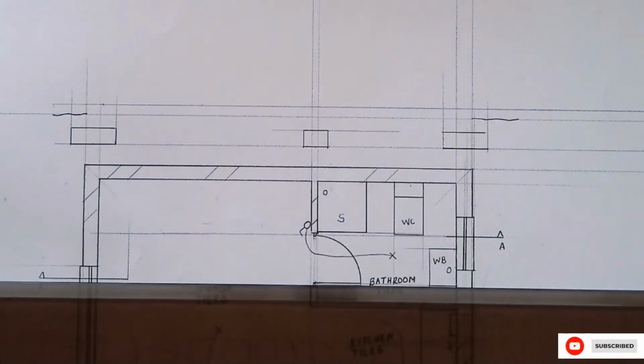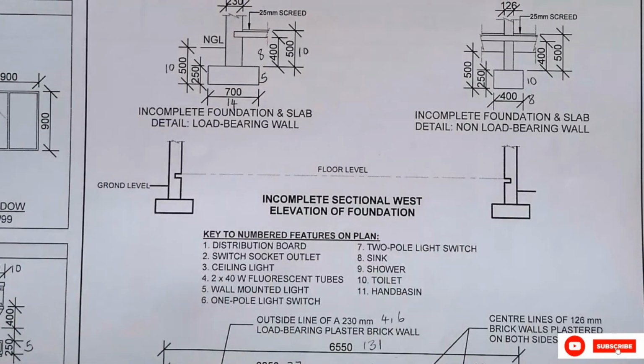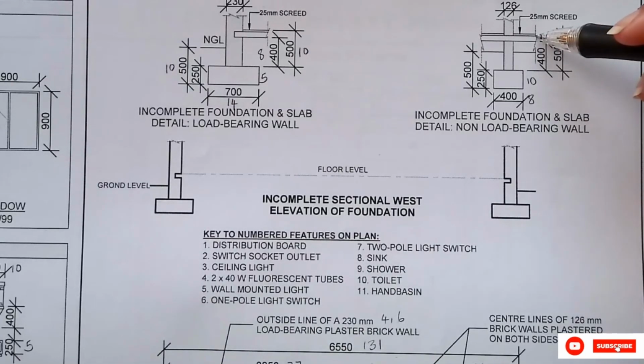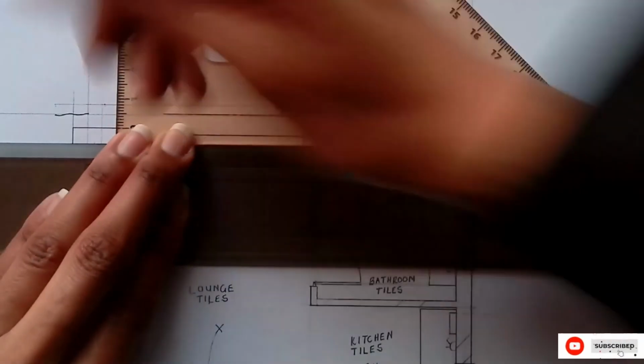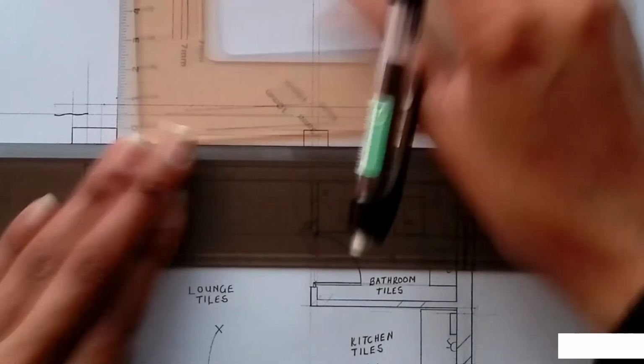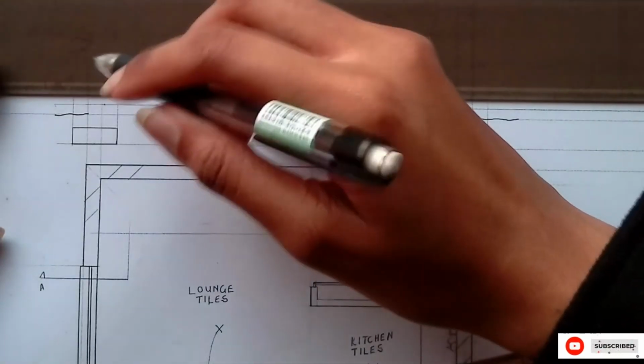There, and then your concrete slab, that's where it's going to start, which is 500 from there going up. 500 is 10 from this point going up 10. That's where my concrete will be starting.